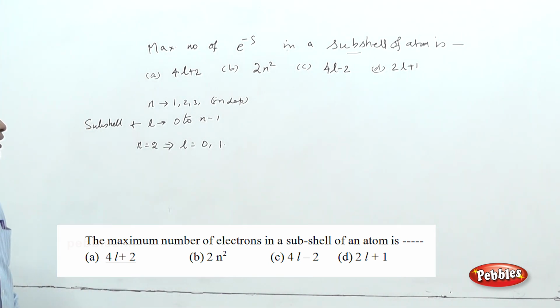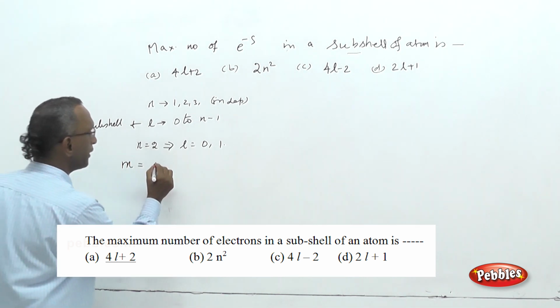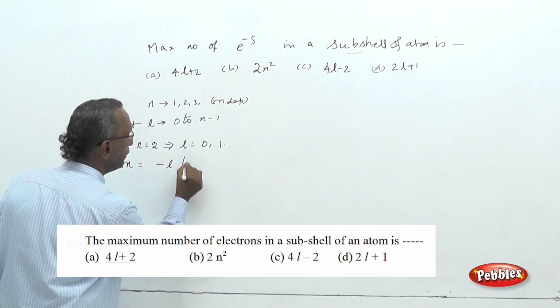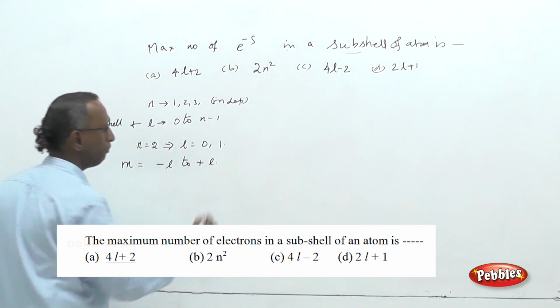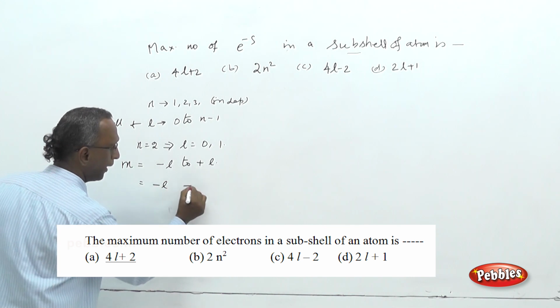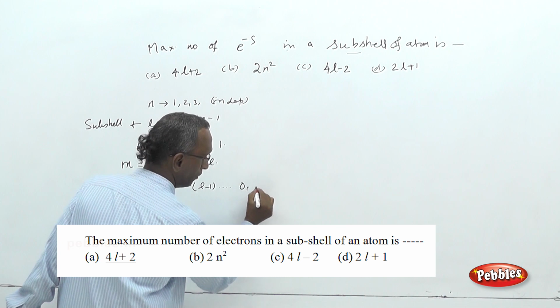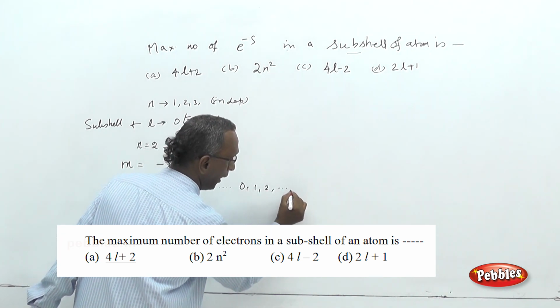Then the third one is the magnetic quantum number, which gives the degeneracy. It takes the values minus l to plus l, that is, minus l, minus (l minus 1), and so on through the integers up to l.